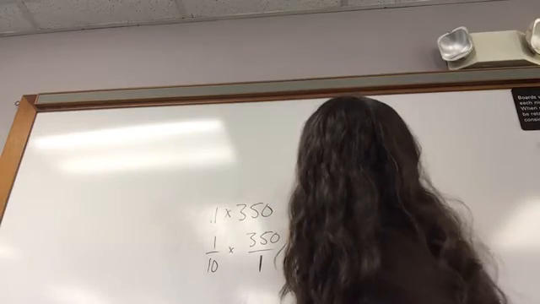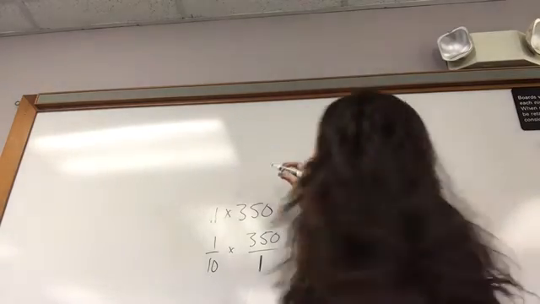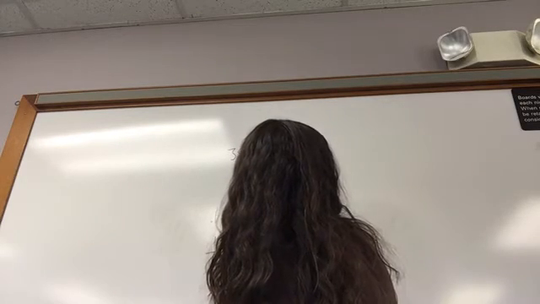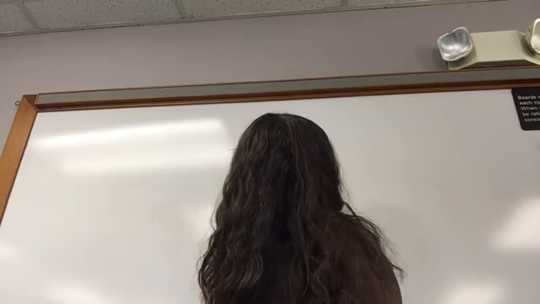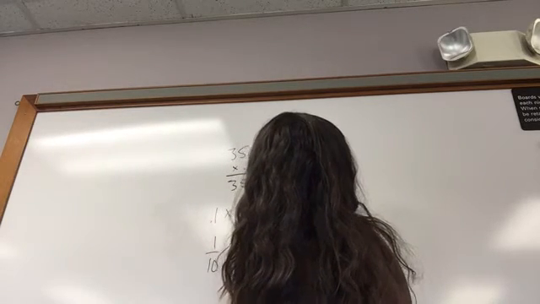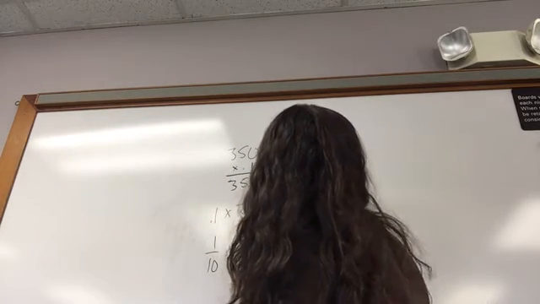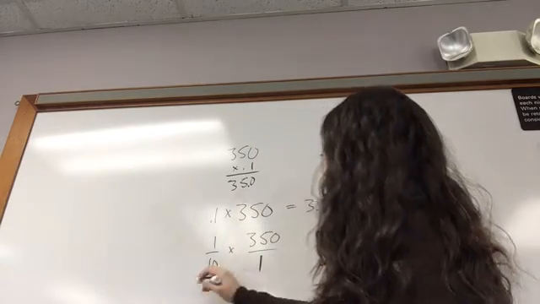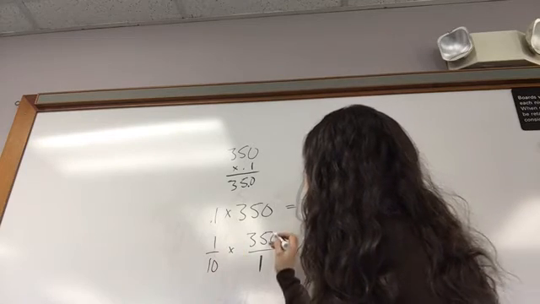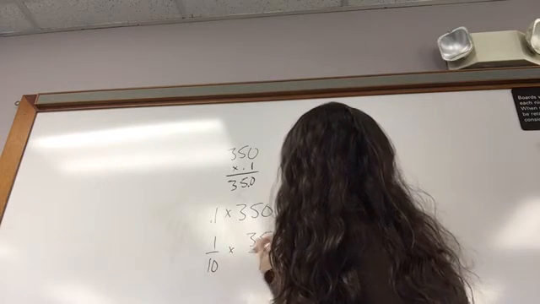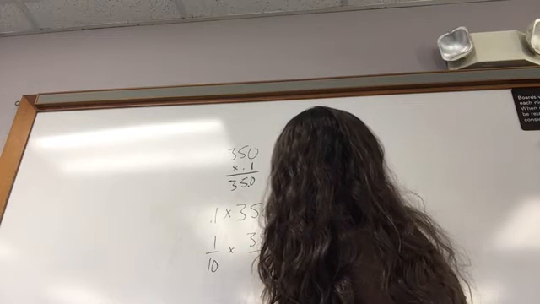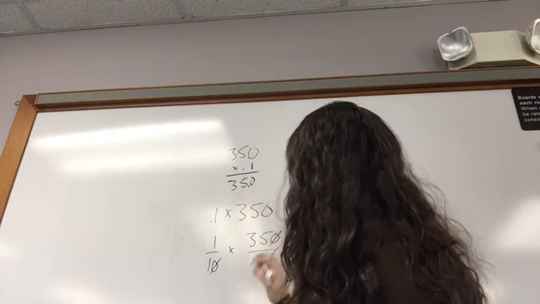So 350 times 0.1, and then our decimal point will go here in our answer because we have one decimal place, so that equals 35. And if we multiply with our fraction, 10 and 350 can cancel each other out, so it'll cancel out our zeros there.